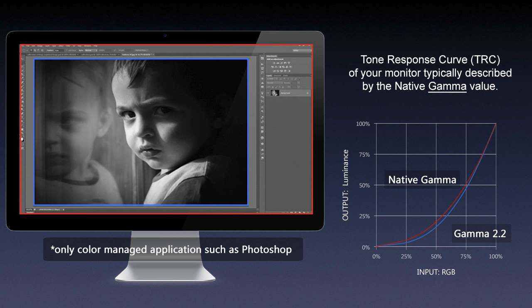Now let's say that the red square here represents everything on screen, right? And the blue one represents the gamma of the image. So if you were to view your image inside of Photoshop or any color managed application, they would adjust the gamma of the image to compensate for whatever gamma or brightness of your monitor is, based on the native gamma.